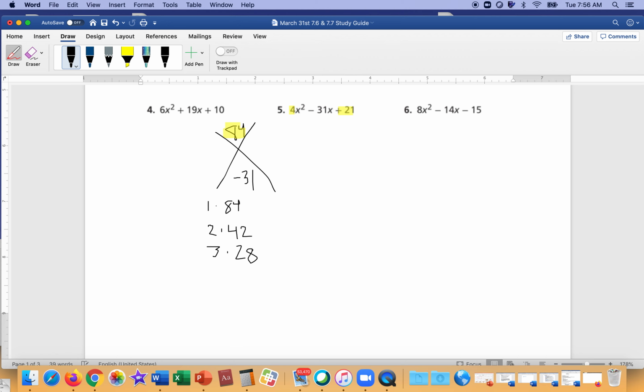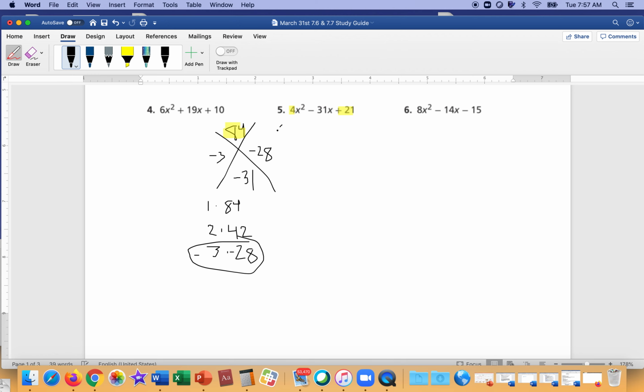Okay, it looks like that's going to be close. If we have some negative in there, either one's negative, both's negative, but it depends on the problem. So if they multiply to a positive, we know they both have to be negative. So it'll be this combination. Negative 3 and negative 28 multiply to a positive 84, and they add to a negative 31.